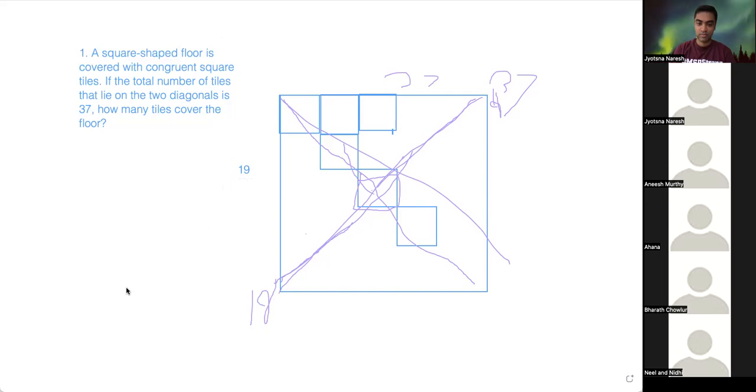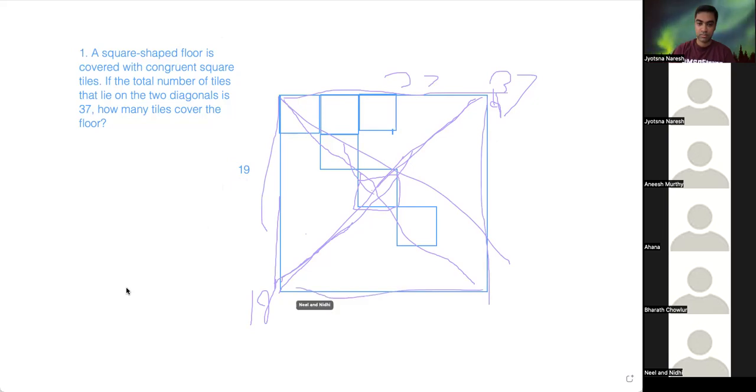Since all of the squares are congruent and the same size, all of the sides are also 19. This side, and this side.